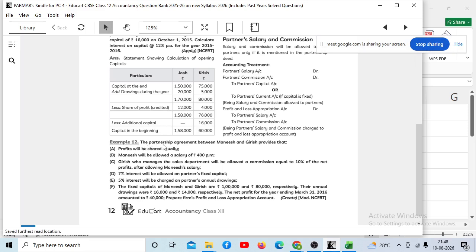See what they're telling. The partnership agreement between Manish and Girish provides that profit will be shared equally. Manish will be allowed a salary of 400 per month.